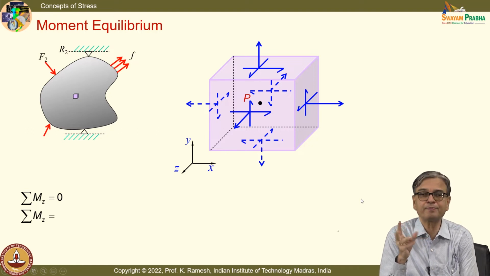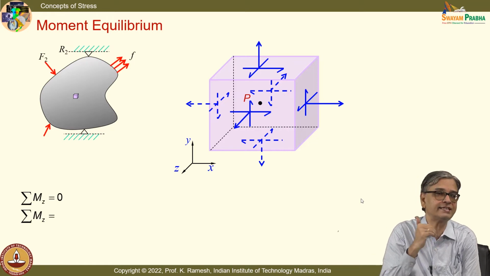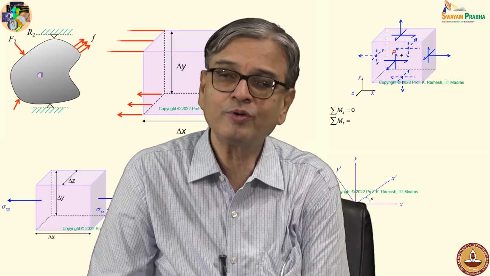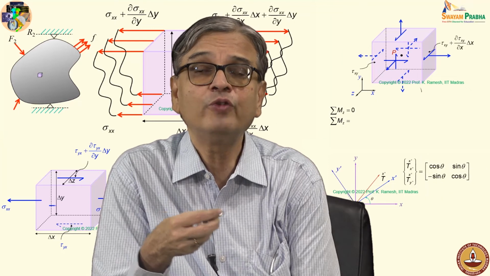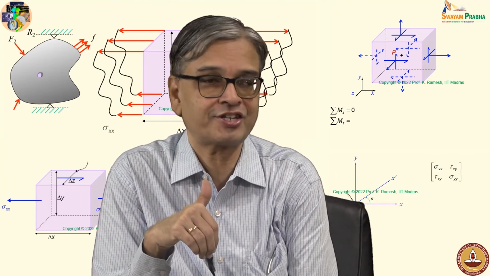We will take a point P. So now we will first find out the moment about the z direction. I have to make Mz equal to 0, and from your understanding of engineering mechanics, you can find out which of the stress components will contribute to moment in the z direction.